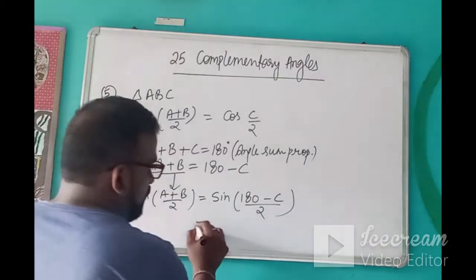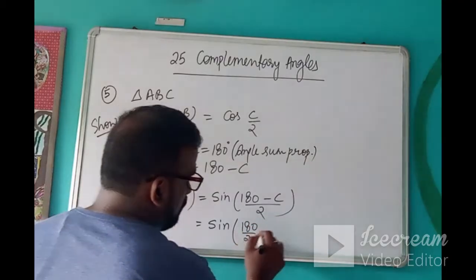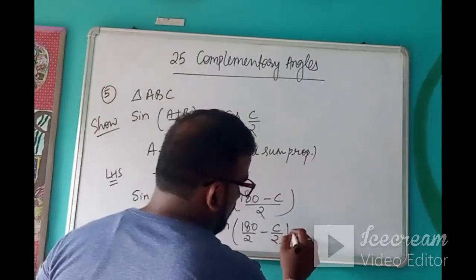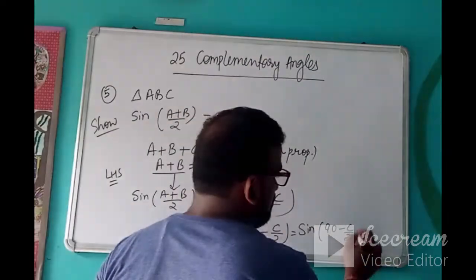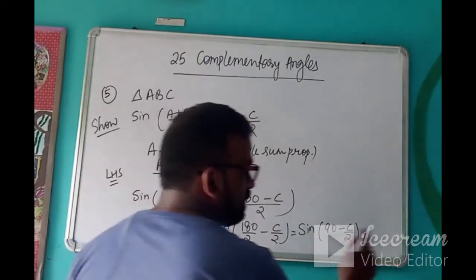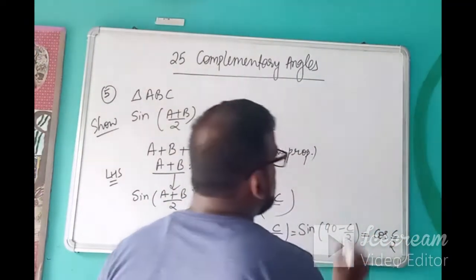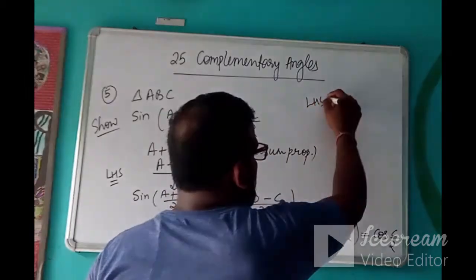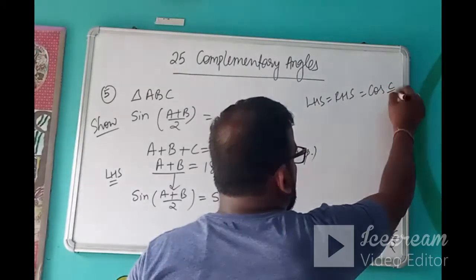Now you just separate it like this: sine of (180 by 2 minus C by 2). So you will get sine of (90 minus C by 2). And what we know, sine 90 minus theta is cos theta. So it is cos C by 2. So we can easily say that LHS equals RHS equals cos C by 2.